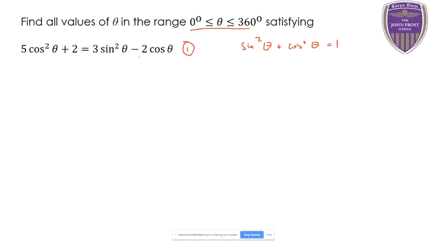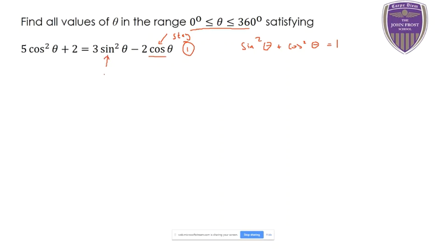And this one, we'll have a look. If you scan through this, you can see that this cos theta is going to be a problem, and there's nothing I can do with it, because this identity only mentions cos squared. So that means that this 2 cos theta here has got to stay because there's nothing I can do with it. And that means that all the cos terms have got to stay.